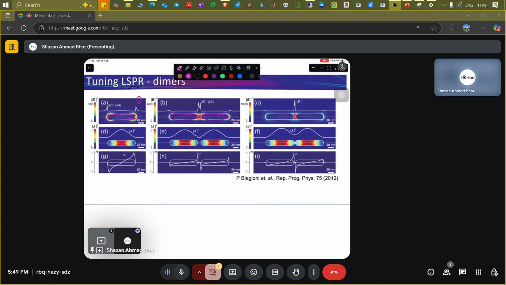It's higher at both of these two ends. But if you see here in this particular case, it is confined. Here it's confined, and here it's also confined. That means you can confine the electromagnetic field between these two dimers.